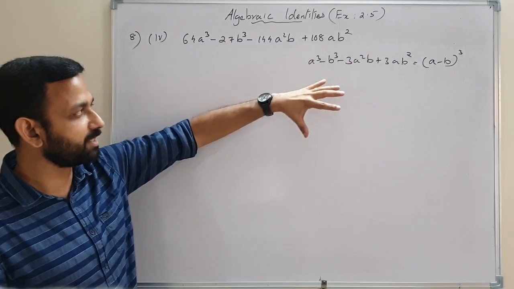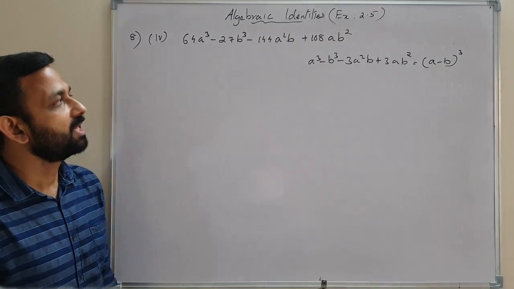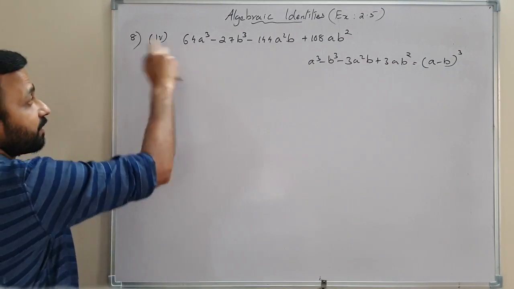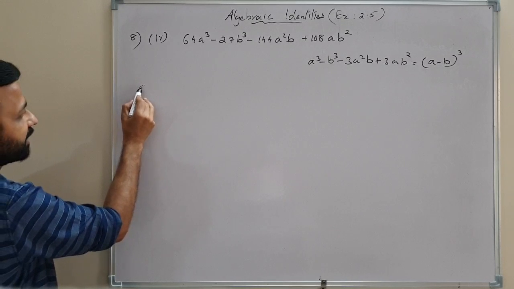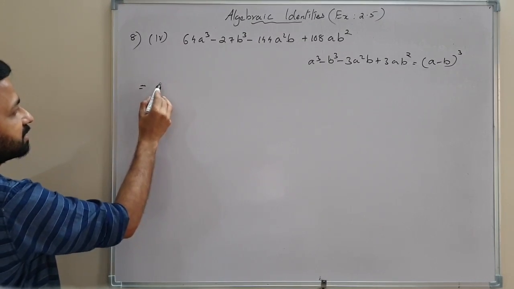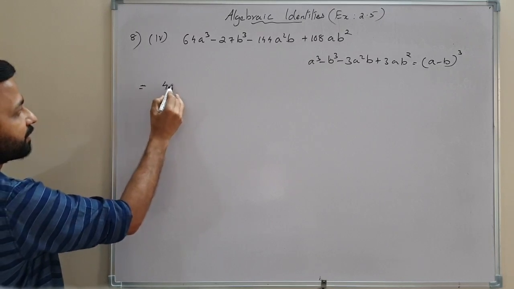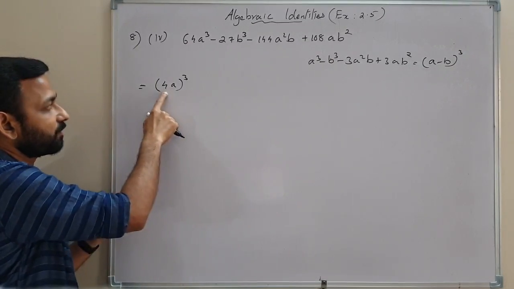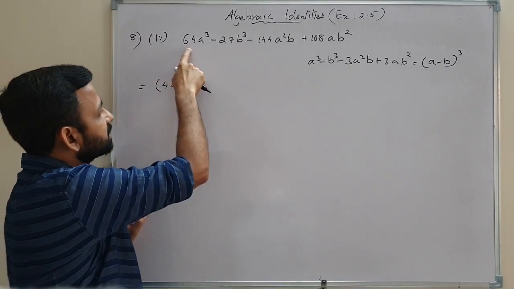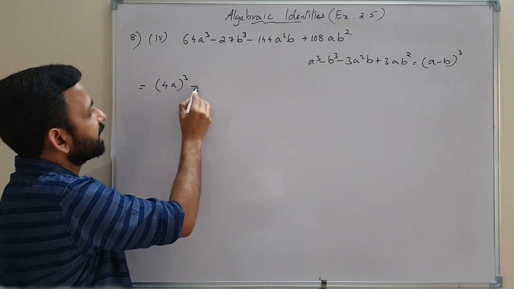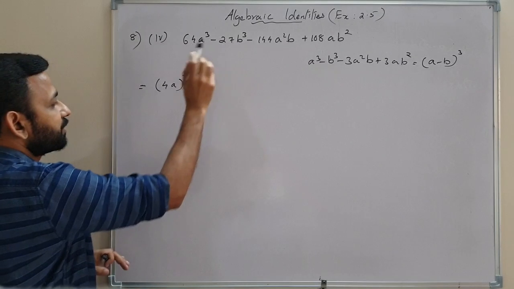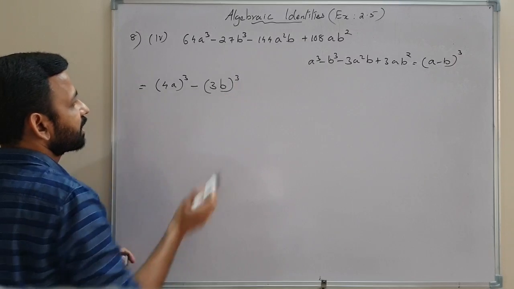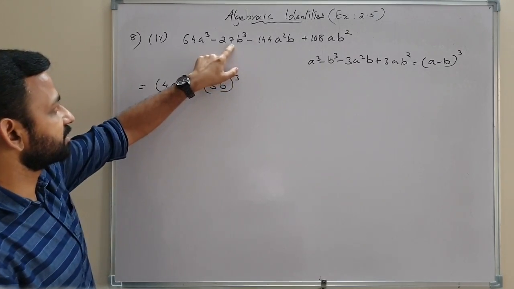In identities we have written 2 forms. This is the first form. So now we are going to reduce this expression into this identity form. 64 a raised to the power 3, we can write as 4 into 4 into 4, that is 4 cube, so 4a whole cube is 64 a cube. 27 b cube we can write as 3b whole cube, because 3 cube is 27, then b cube.